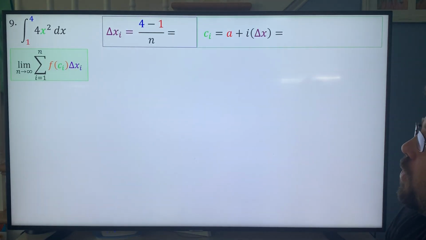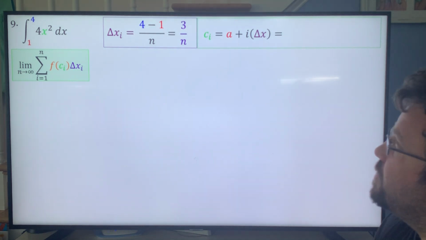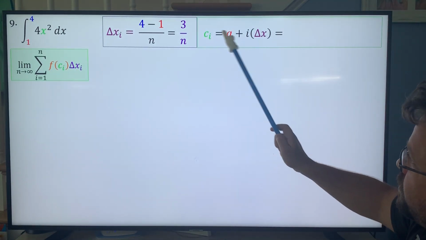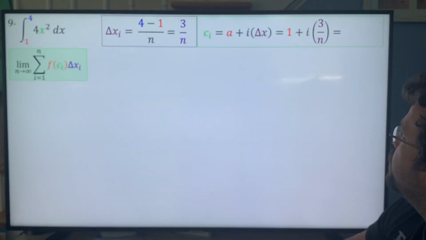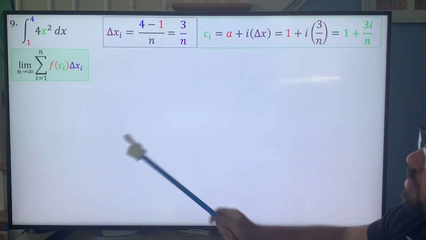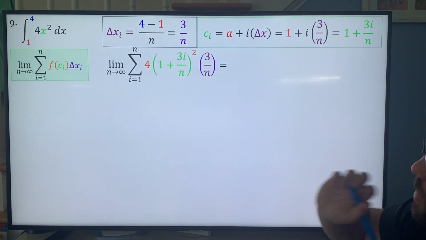This number 4 minus 1 is 3 over n. The c_i, we got 1 plus 3i over n. Oops, jumped the gun. Plug that in, you're going to square that and then multiply it by 4.